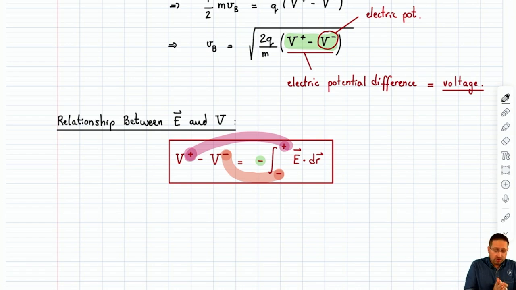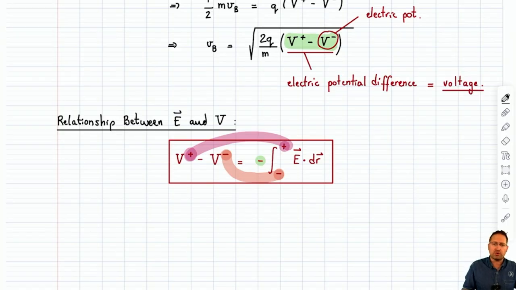Okay, but the goal is to compute the difference V plus minus V minus so that you can do conservation of energy calcs, okay? And the way you do it is you relate this to the electric field, which means that, hey, wouldn't it be nice if we already knew the electric field? Well, isn't that handy? We just spent 3 weeks figuring out how to compute electric fields, either by superposition, by slice and dice, by Gauss's law.